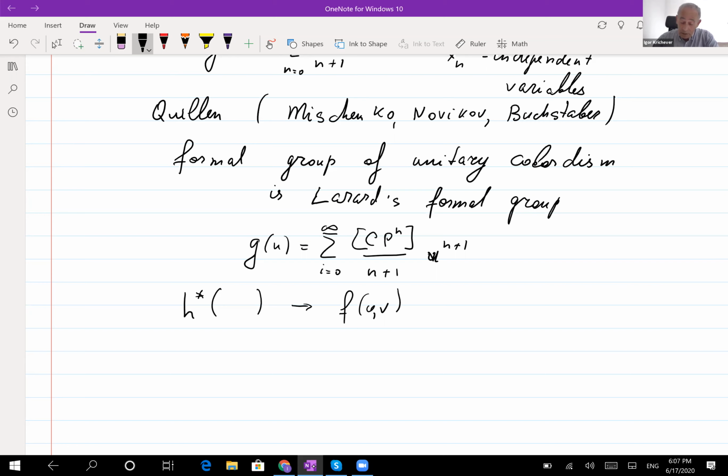And that means that there exists a homomorphism of the coefficients of the universal theory to the coefficients of this formal group, because of Lazard's universality theorem. So there exists a homomorphism from the cohomologies of a point in universal unitary cobordisms to the coefficients of your theory.